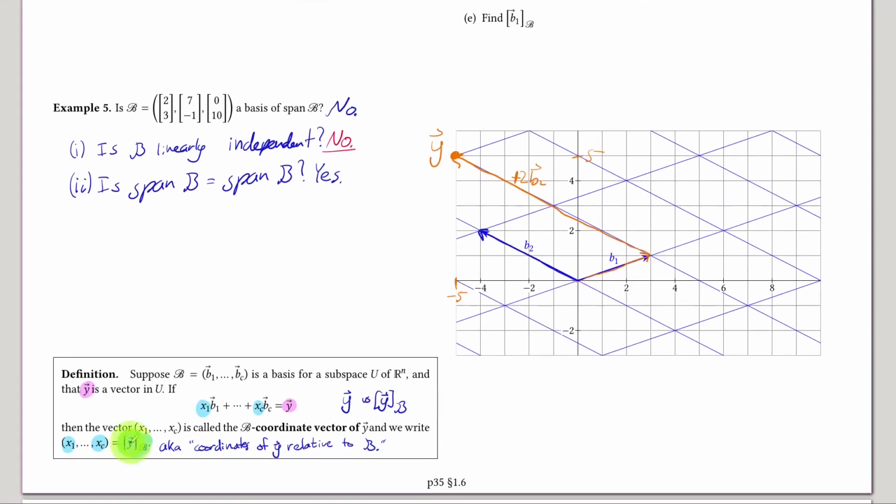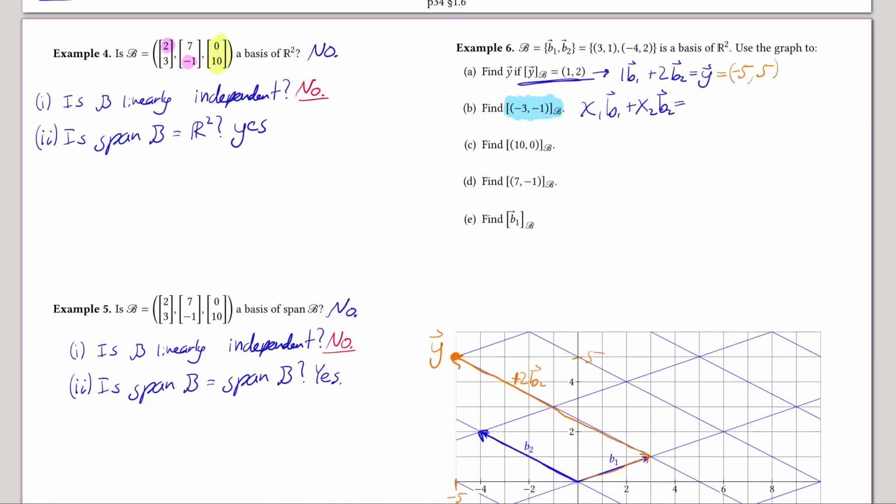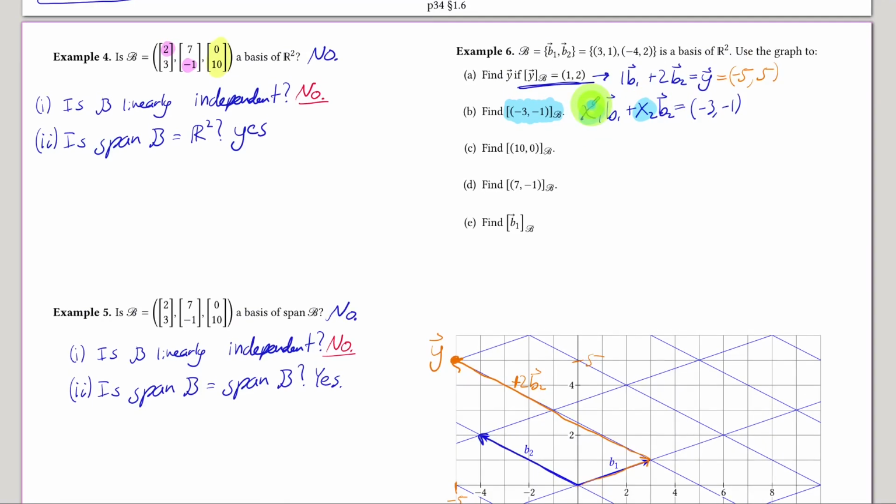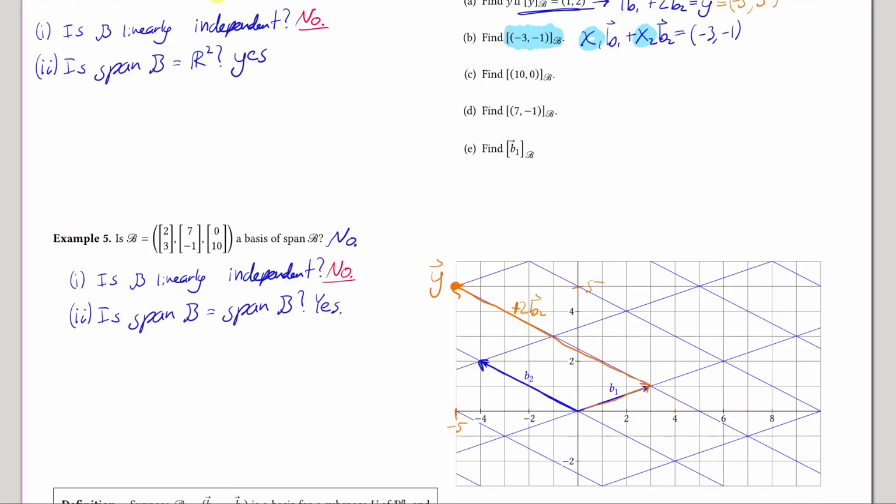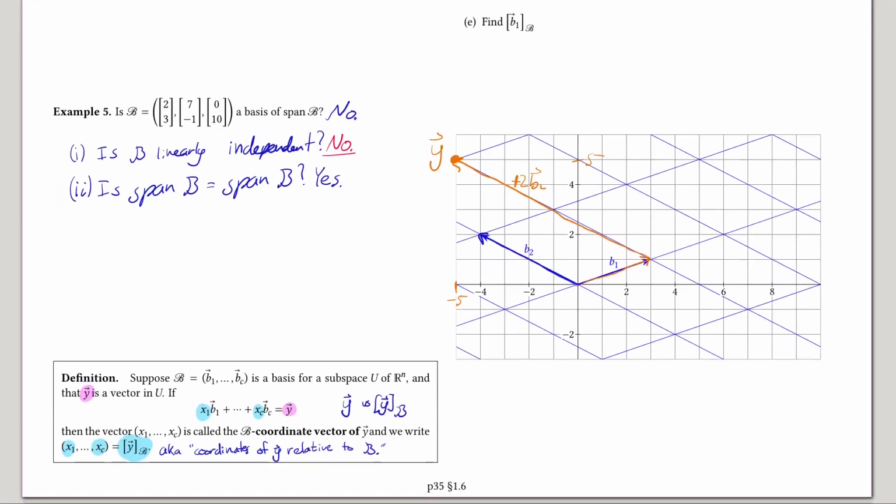So the thing inside the brackets, that's the y. That's the result we want to get. And the coordinates are going to be these coefficients. So the actual point we're talking about is (-3, -1). So here's -3, here's -1. There's the point (-3, -1).